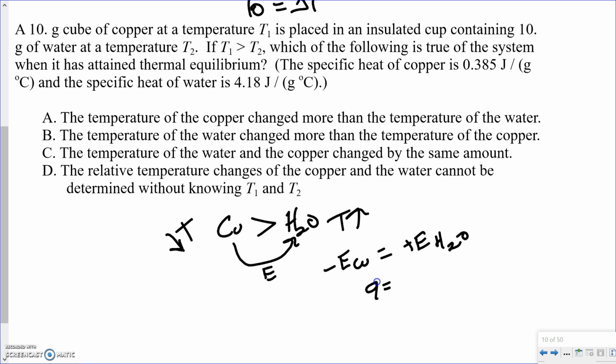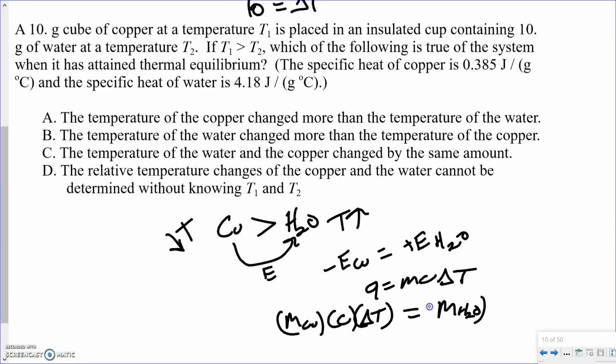Next thing we have to recognize is the Q equals MC delta T equation is important here. Knowing that, let's say the Q of copper, so the mass of copper times the C of copper times the change in temperature of copper is going to be equal to the mass of water times the heat capacity of water times the change in temperature of water, okay?